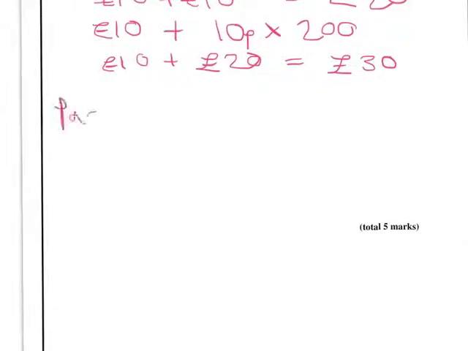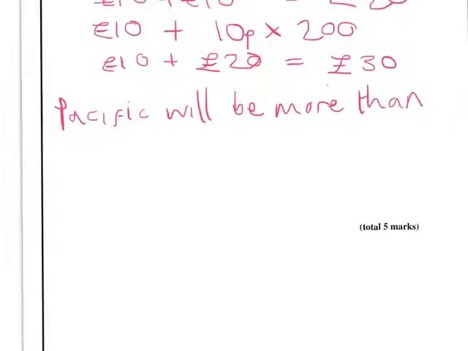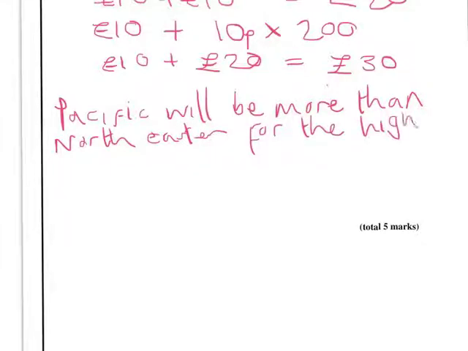So Pacific will be more than North Eastern for the higher amount. So at this point, the North Eastern company is cheaper.